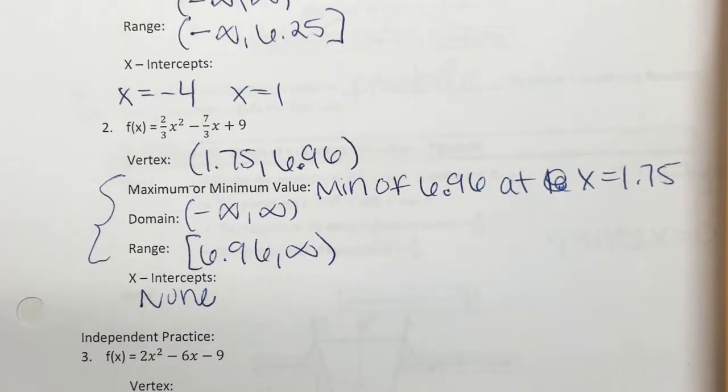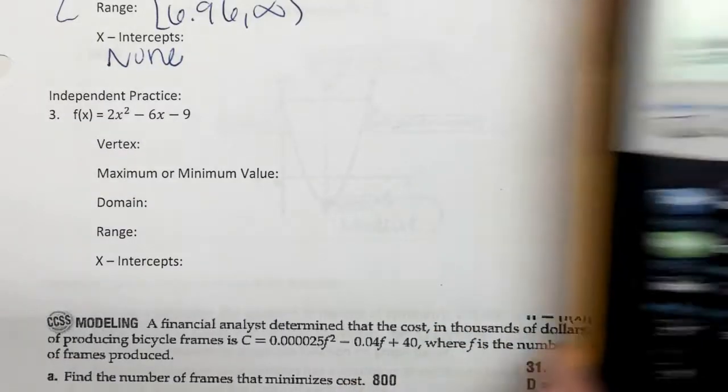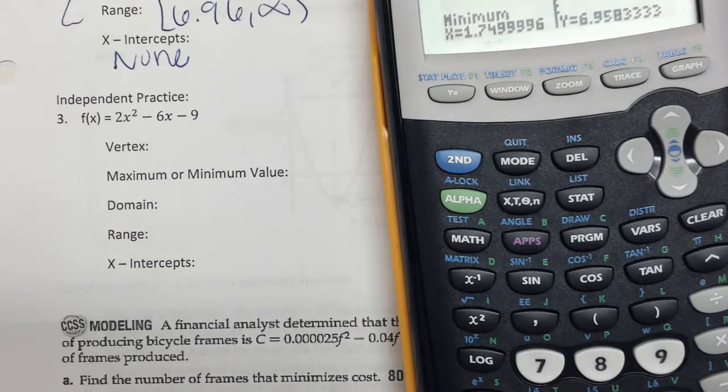Alright, you can work with somebody if you need help, ask me if you need help, but do number 3 in your calculator on your own. I'll give y'all plenty of time. If you don't remember how to do something, let me know.